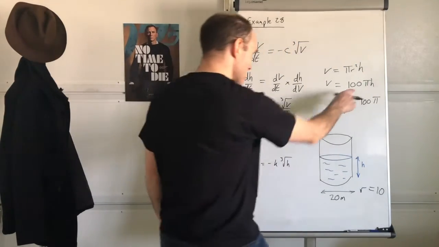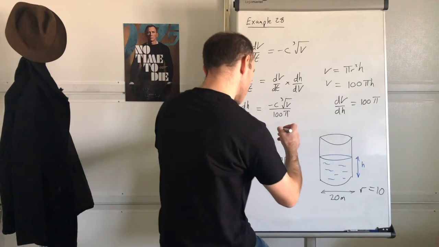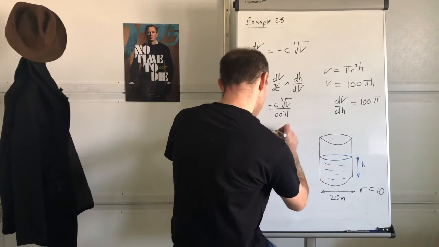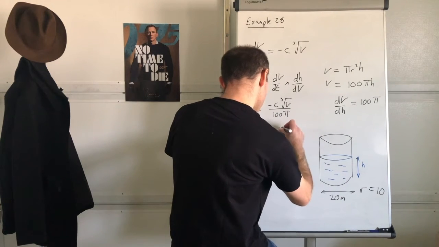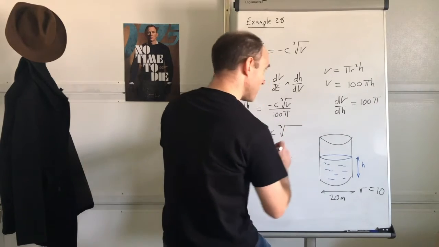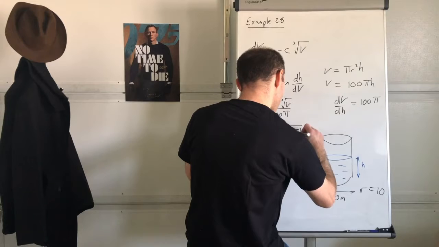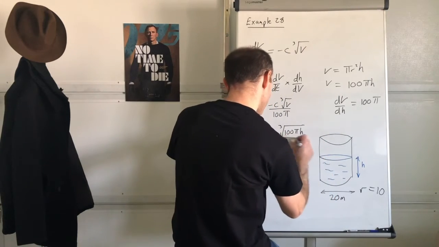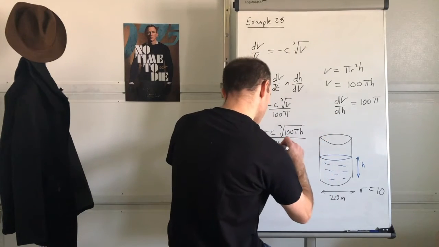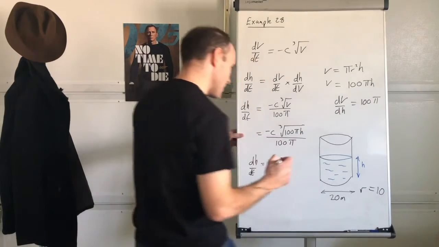Okay, the cube root of that. So that's going to be negative c, and then cube root of that, 100 pi H over 100 pi.